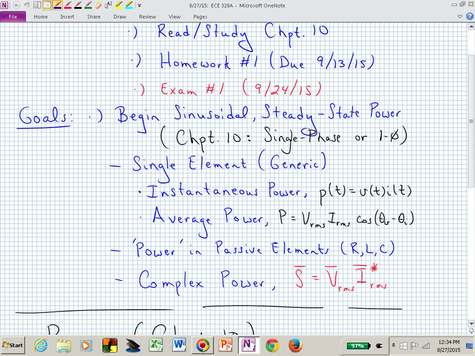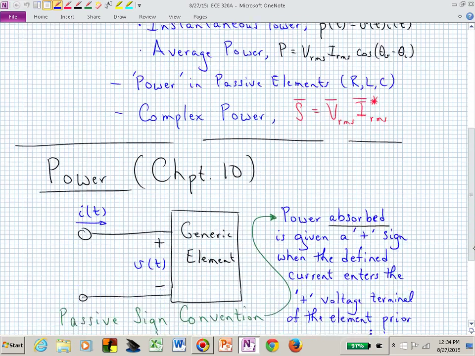A particular combination of average power or real power and reactive power, that orthogonal combination, goes into creating the complex power. We'll see that as we work through this material.